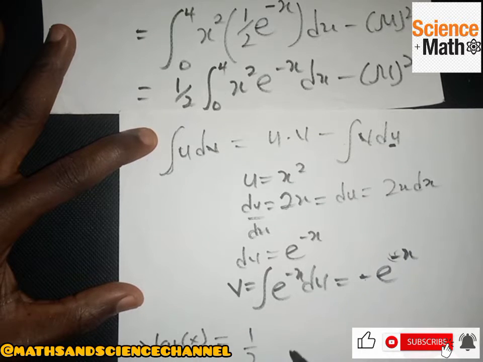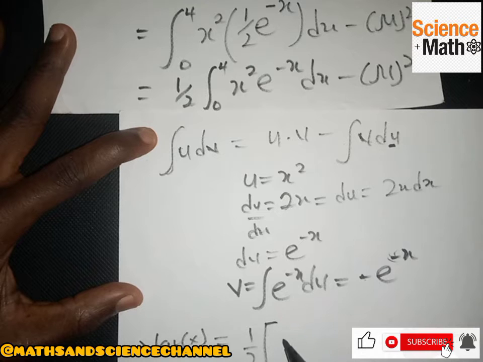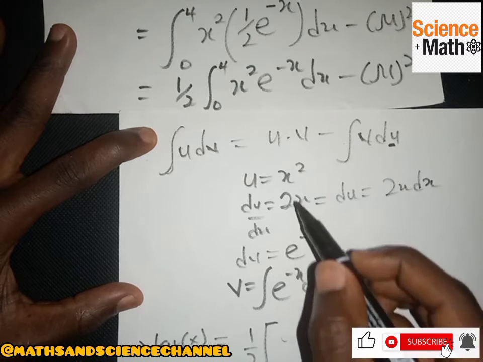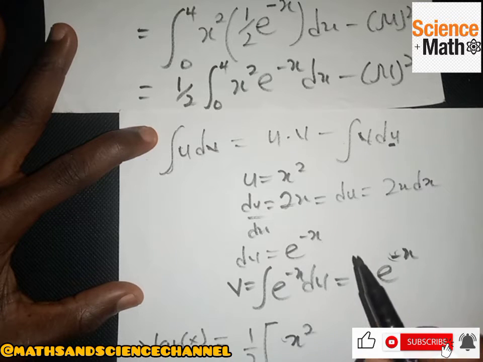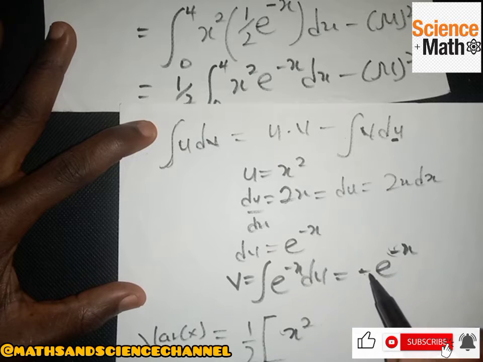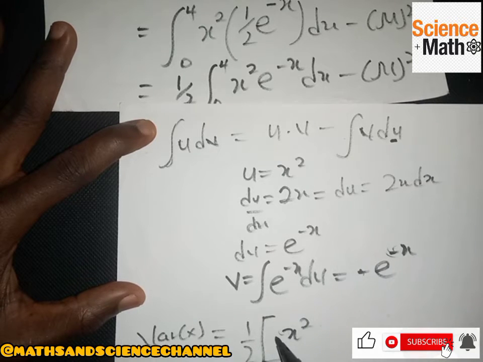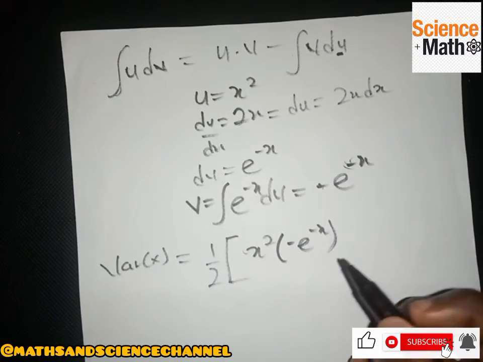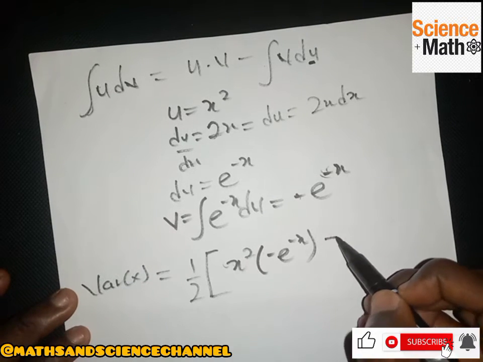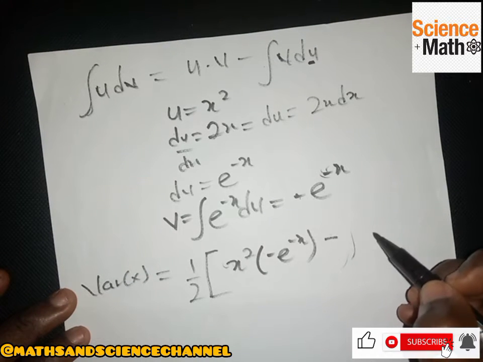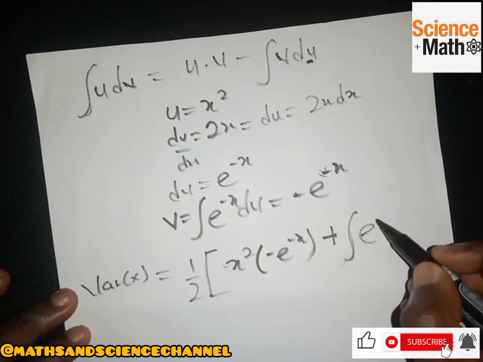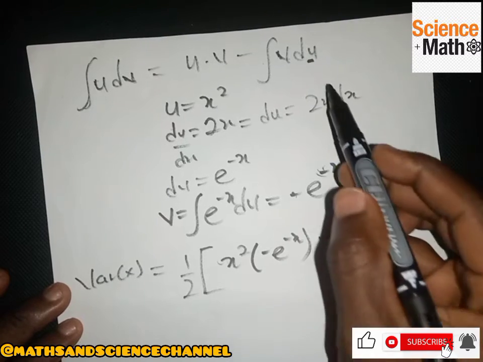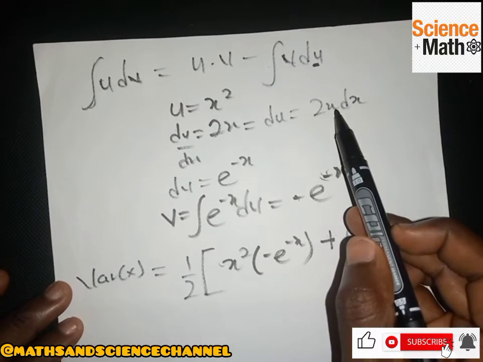So we have 1/2 here, and we are just going to get everything as u multiplied by v. So u is x squared multiplied by v, and v in this case is negative e to the power minus x. So let's put that here, and then from here we have minus the integral of v du, which is just going to be positive, the integral of e to the power minus x, and remember du is 2x dx.